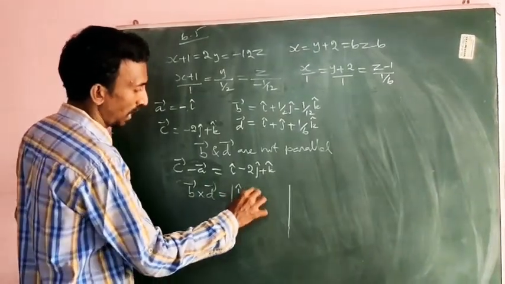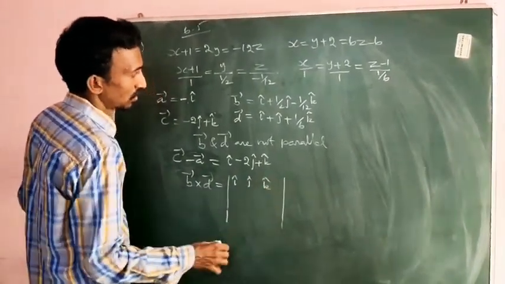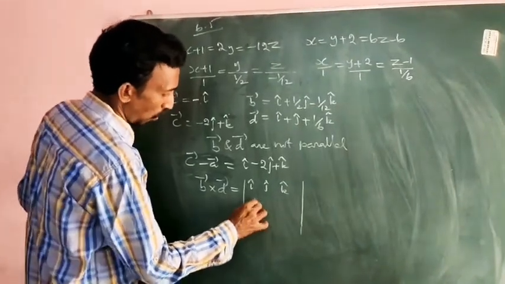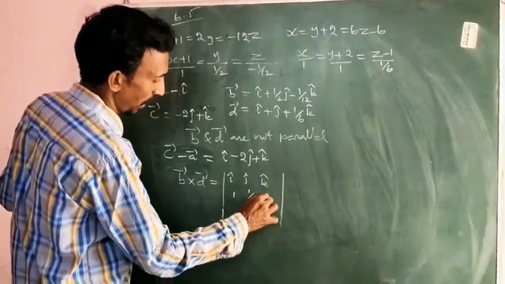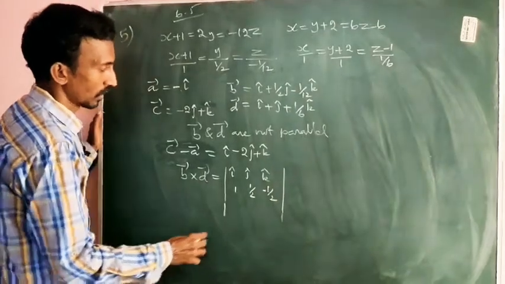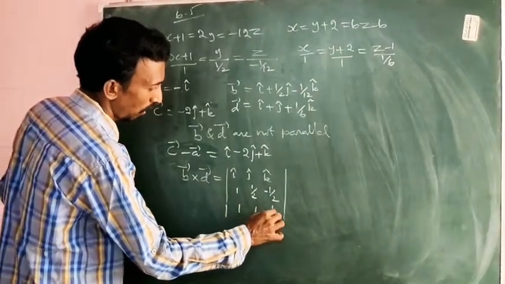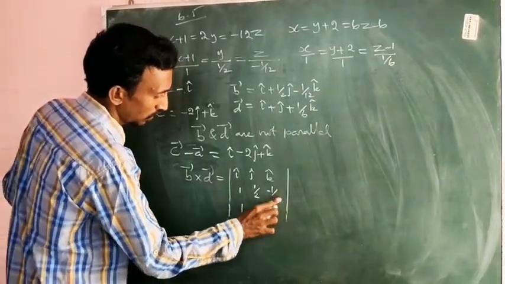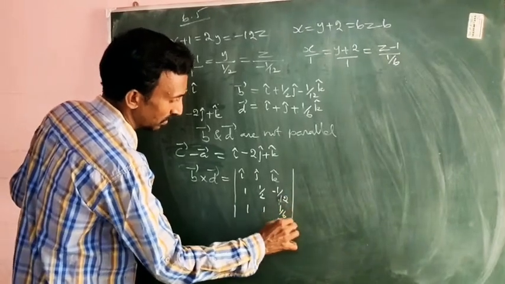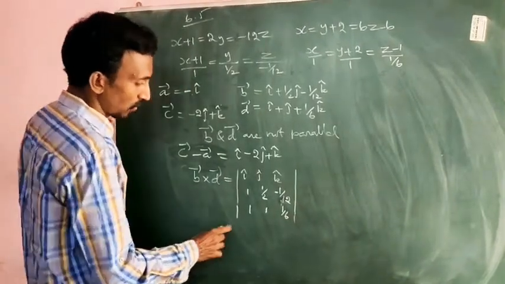So first row i, j, k, second row 1 by 2, minus 1 by 12, third row 1 by 12, this is 1 by 6. Find out this value.